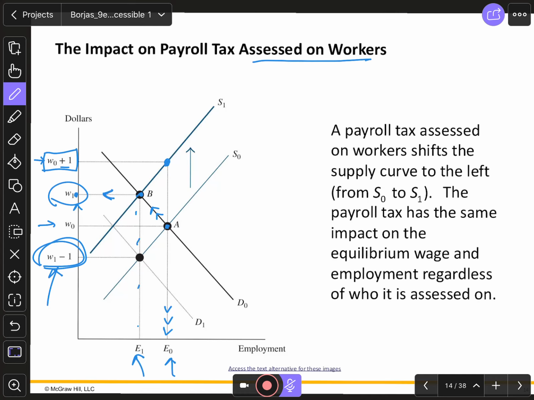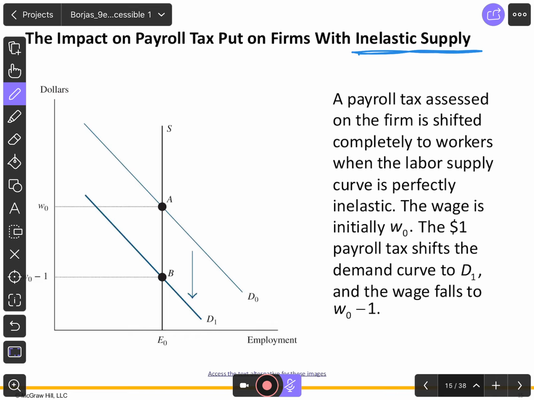Next, let's talk about what's going to happen if we have a different shape of the supply curve. What if the supply curve is inelastic, or in this case, perfectly inelastic? Whatever wage you offer to the worker, they're going to keep supplying the same amount of employment. This is what it means to be inelastic.